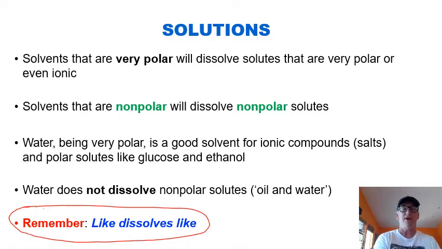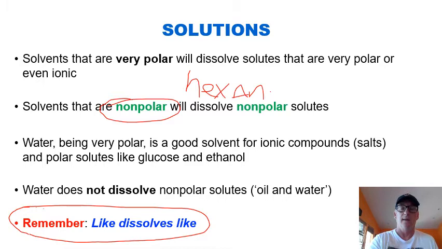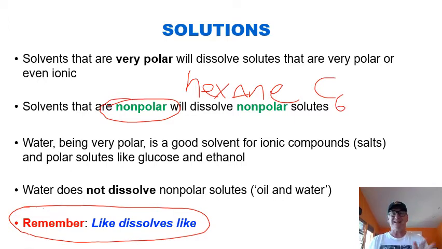But if we have a nonpolar solvent, nonpolar solvents will not dissolve polar solutes. So for instance, if you have something like hexane, which is just a hydrocarbon with 6 carbons in it, that doesn't have any polar groups on it.